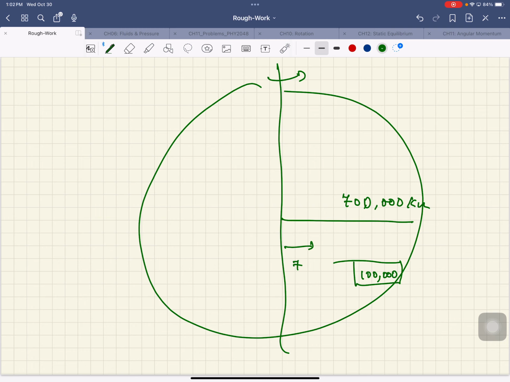The sun is spinning once a month, and you guys have seen videos. If an ice skater is spinning and he or she pulls her arms in, she's spinning faster.